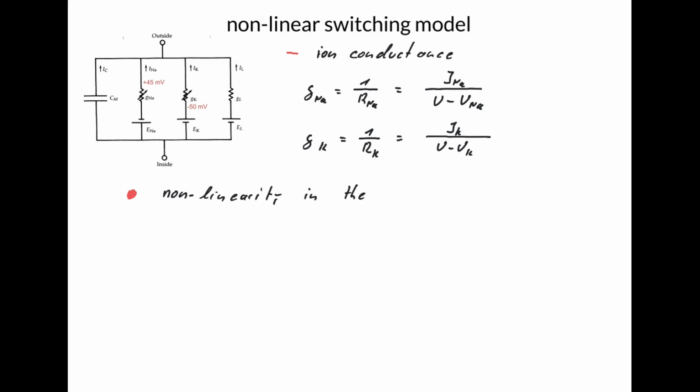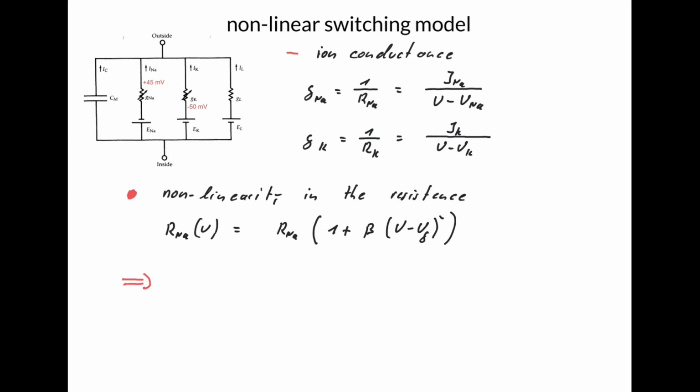For the potassium ions, the resistance gets now voltage dependent and is equal to the resistance of the sodium without the switching behavior, times 1 plus beta times U minus the gating voltage squared, where beta is just some prefactor that tells how much the resistance will change.